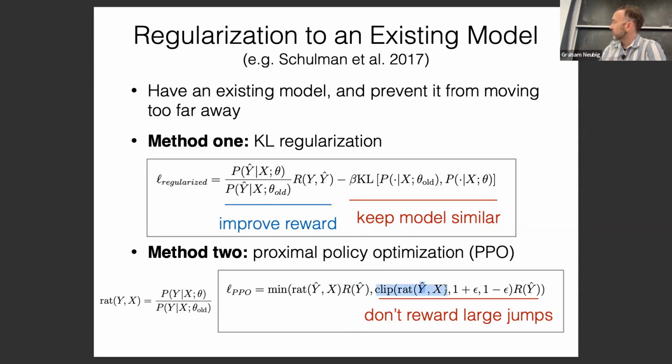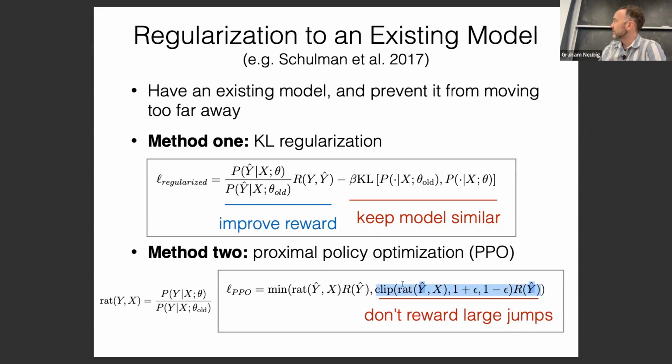But then they also have a clipping term. What the clipping term does is it basically prevents you from having large jumps away from the model. So both of them are similar in nature and have similar motivations.